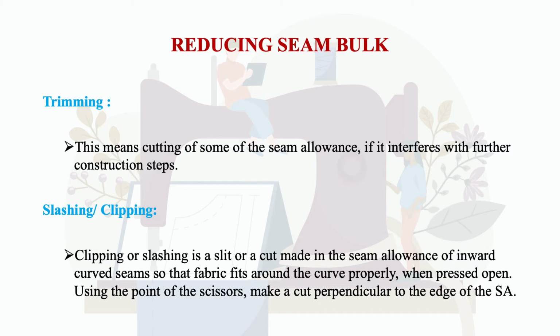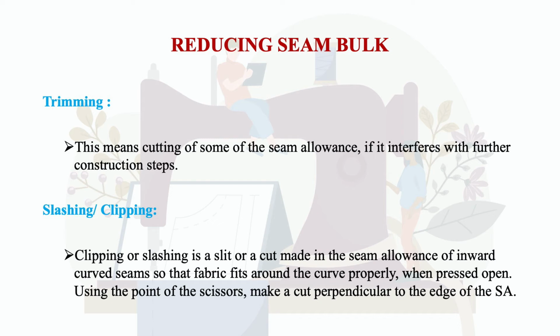Suppose we have given 1.5 inch or 1 inch of seam allowance between the stitching line and the cutting line, and that seam allowance interferes with constructing the garment. We can do clipping or slashing. We make a small slit or cut on that allowance of an inward curve seam.